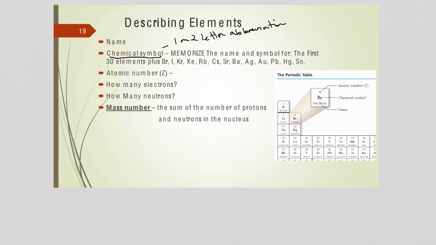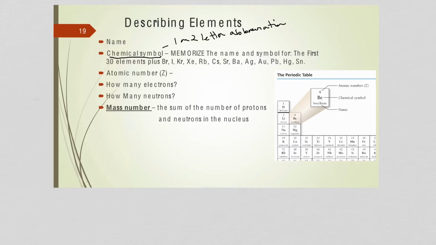And this is what we're going to find most commonly listed to identify the element, especially on the periodic table. So the periodic table is going to be our list of the elements, and most periodic tables will contain the chemical symbol, but many will not contain the name. So this is why it's so important to understand what these abbreviations and symbols are, and to make the connection between the name and the symbol.